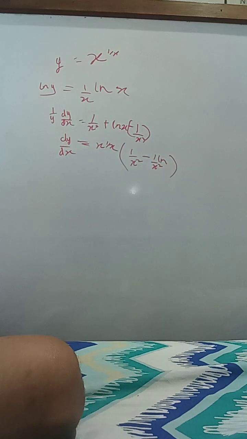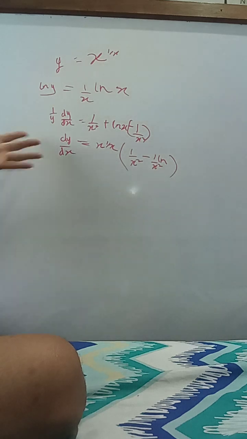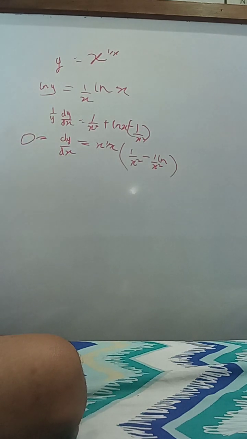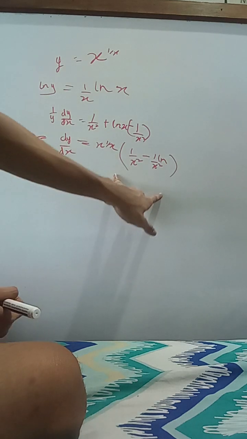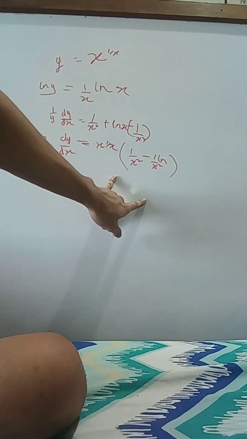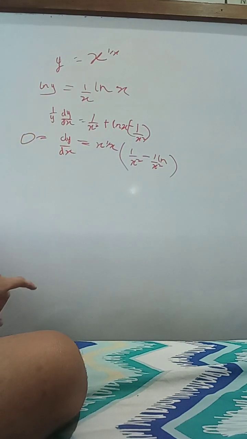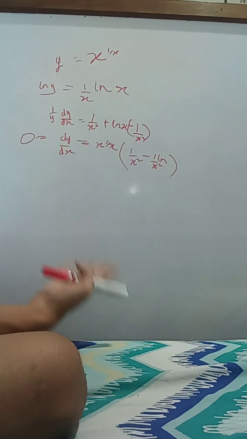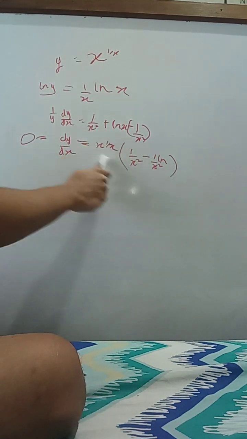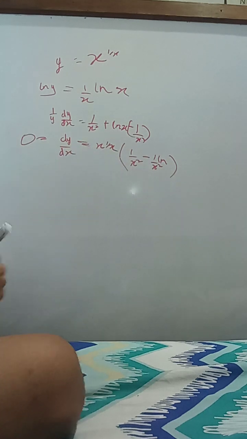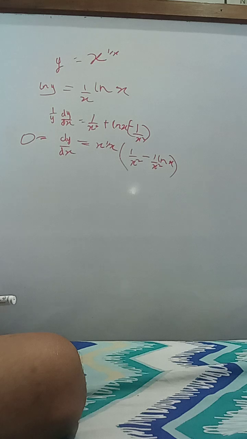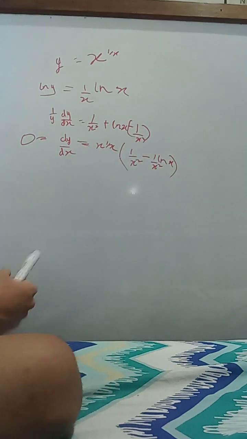Of course we can take it common now, so equate this to 0 to get x. Now for this term to be 0, we need either this to be 0 or this to be 0 or both to be 0. Now for this to be 0, x will be 1, but the problem is ln of 0 is not defined at all.